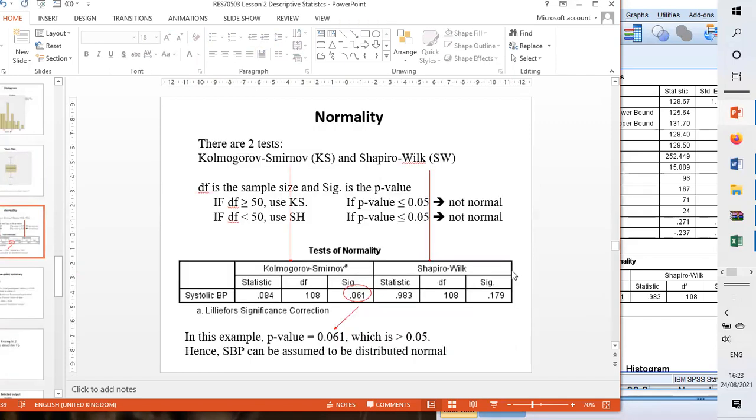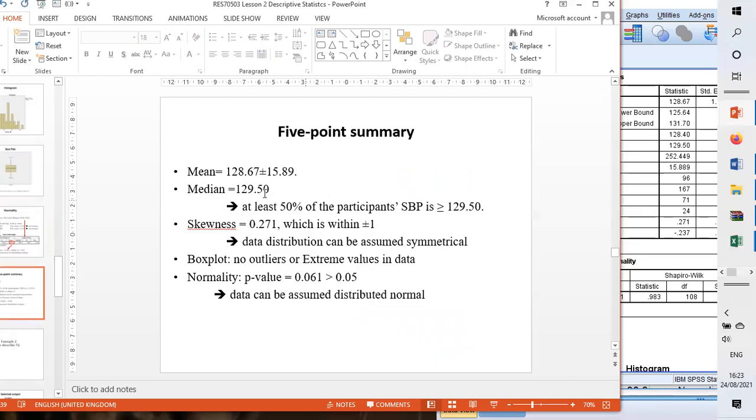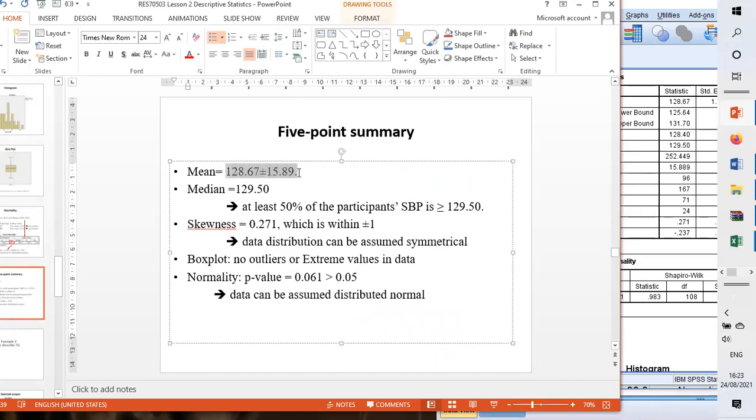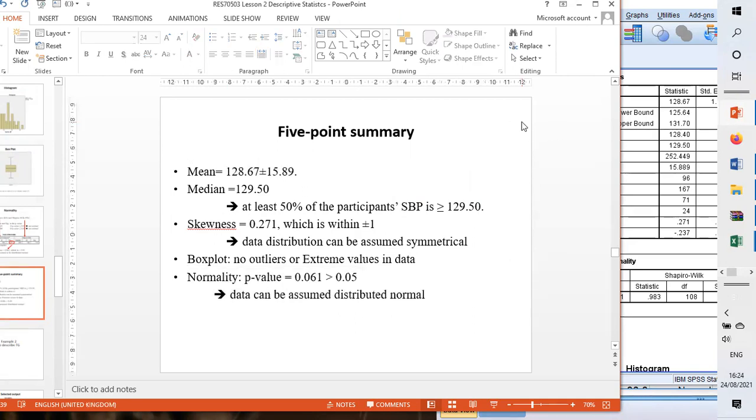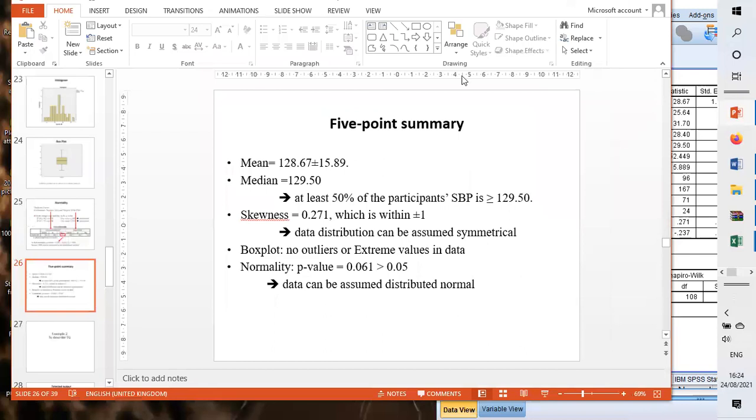So the 5-point summary again. First table, you got this. Same table, this from the box plot and this from the test of normality. So by looking at this now, we can more or less imagine how the data looks like.